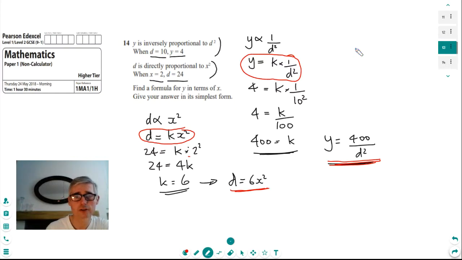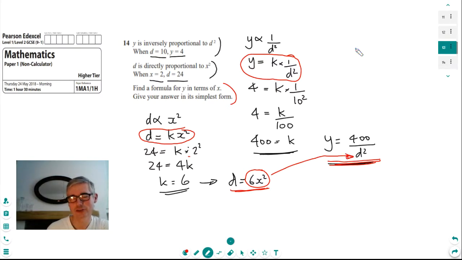And the final part of this question is asking us to find a formula for y in terms of x, and then giving it in its simplest form. So what we do, we combine these two equations. We replace this value that we've got for d, which is 6x squared, and put it into the equation with the y there.